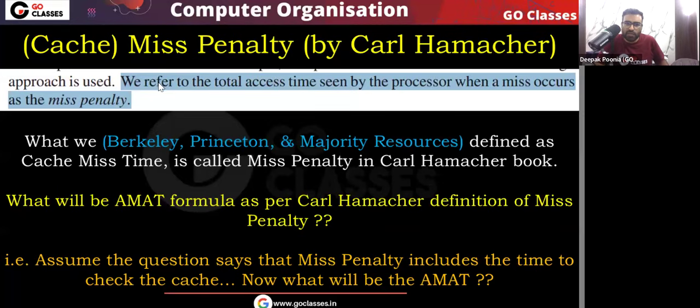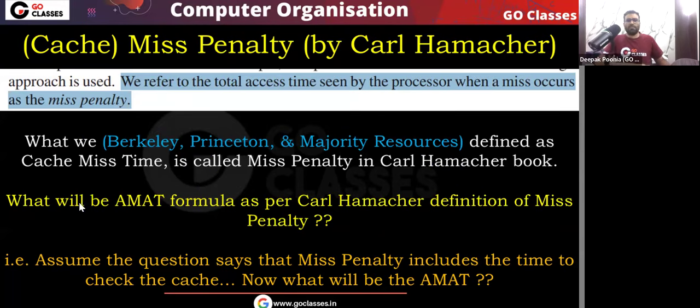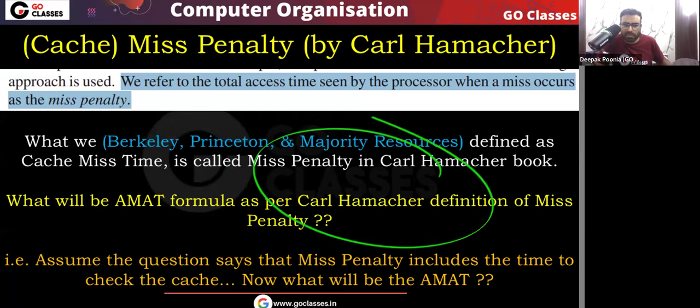Okay, but let's discuss this miss penalty definition by Carl Hamacher. What we defined as miss time in the previous lecture is called miss penalty by Carl Hamacher. So you tell me what will be the average memory access time formula as per the Carl Hamacher definition of miss penalty.